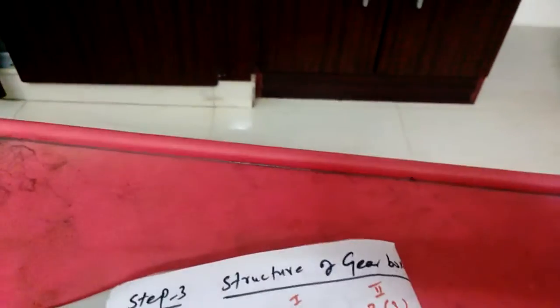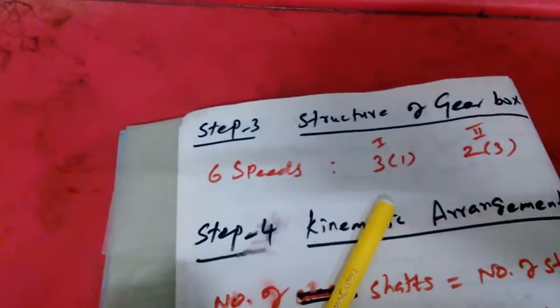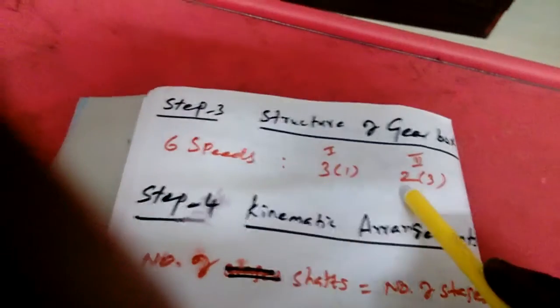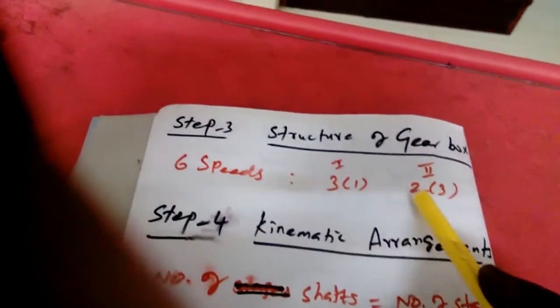Next is the structure of gearbox. As I told earlier, the structure of gearbox is always mentioned as 3 into 2. You have to always mention 3, 2. So this is the first stage, this is the second stage.